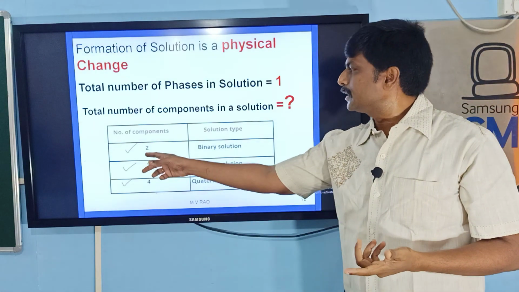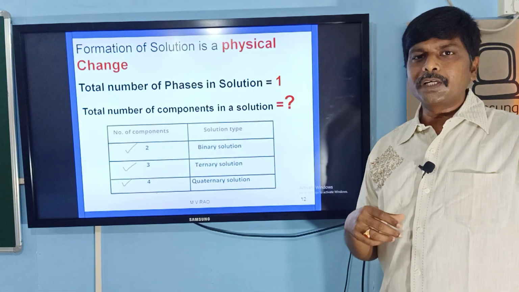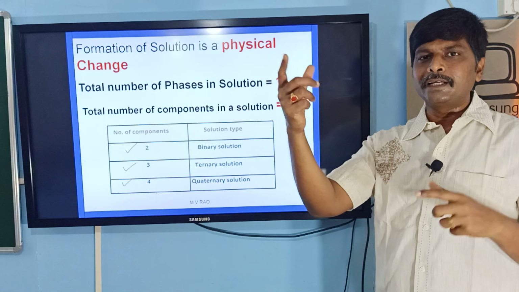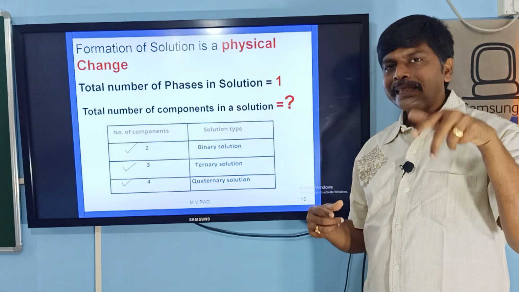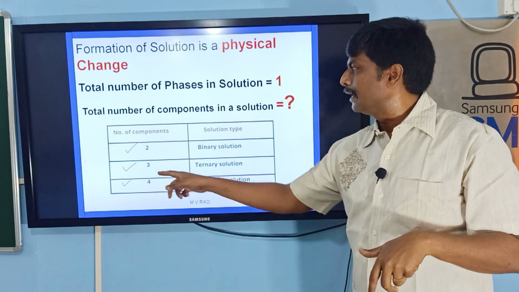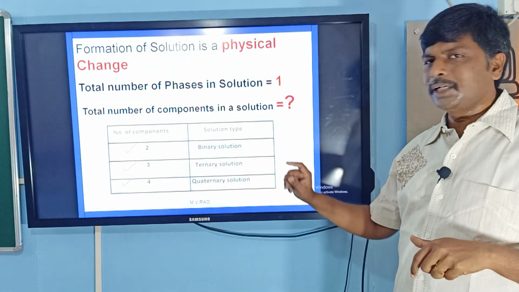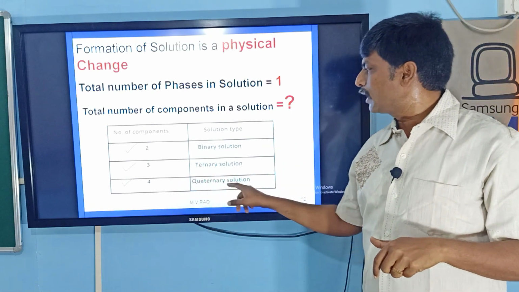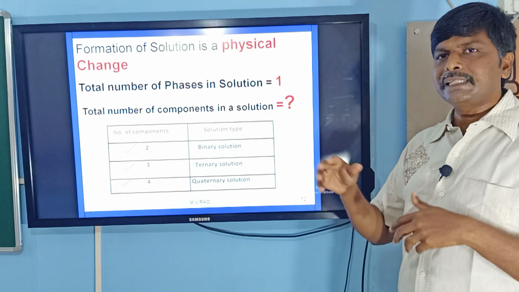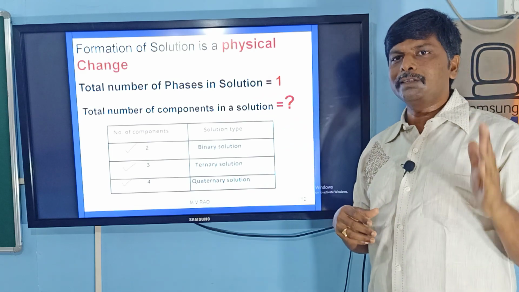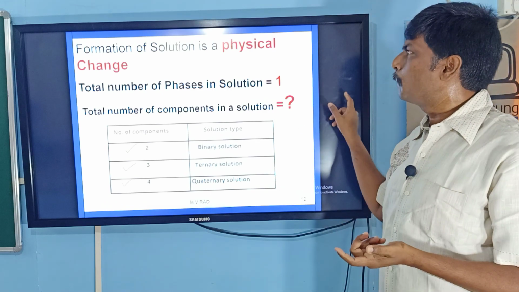This type of solution is called a binary solution. You take a mixture of sugar, water and salt. How many substances are there? 3 types of substances are there. Number of components is 3. Then it is called a ternary solution. 4, quaternary solution. So the number of components in a solution will vary from one solution to another. It depends on the number of components.